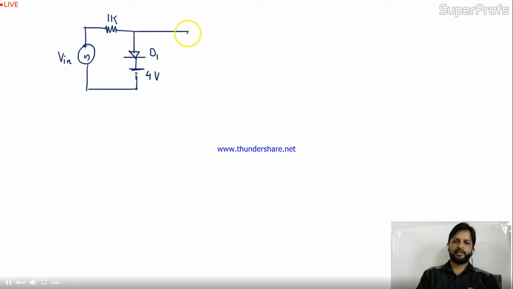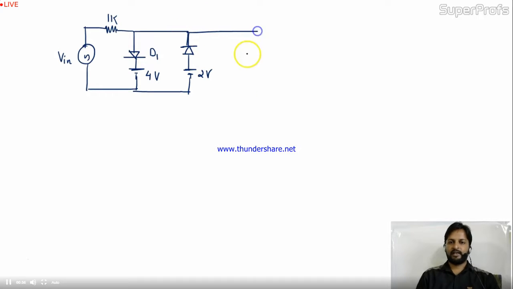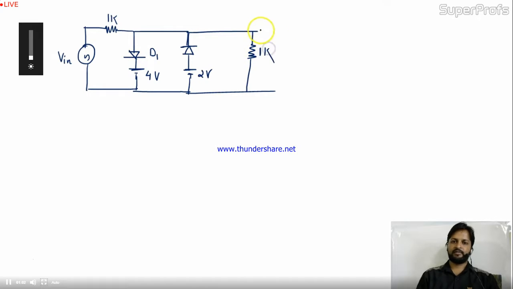Parallel to this branch I have another diode branch in which I have a diode, and at the positive terminal of the diode I have 2 volt. Apart from this I have another parallel branch connected to this circuit, and the value of this branch is 1K.